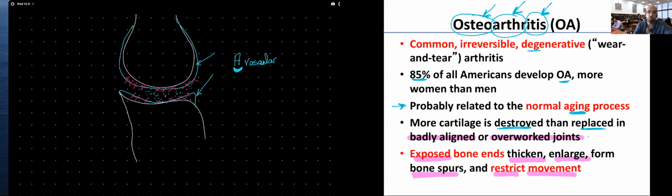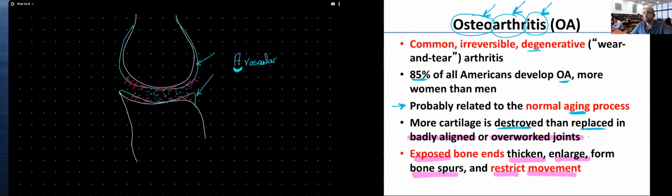Why? Because it's avascular. But what is a good thing about being avascular? It doesn't get inflamed. You're running all day long, you're rubbing the cartilage surfaces, your joints are fine. You don't get inflammation of the joint, although you are putting a lot of irritation on those articular surfaces. If I had just bone against bone, what's going to happen? My exposed bone ends are going to be inflamed, thickened, enlarged, and broken down.